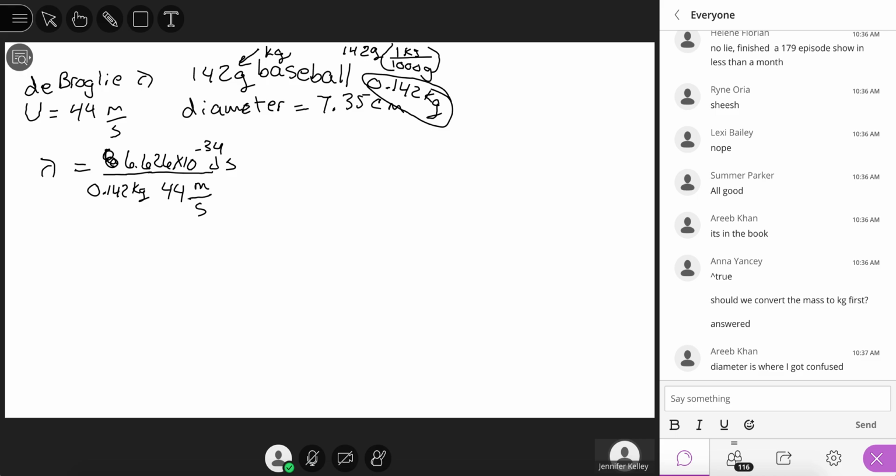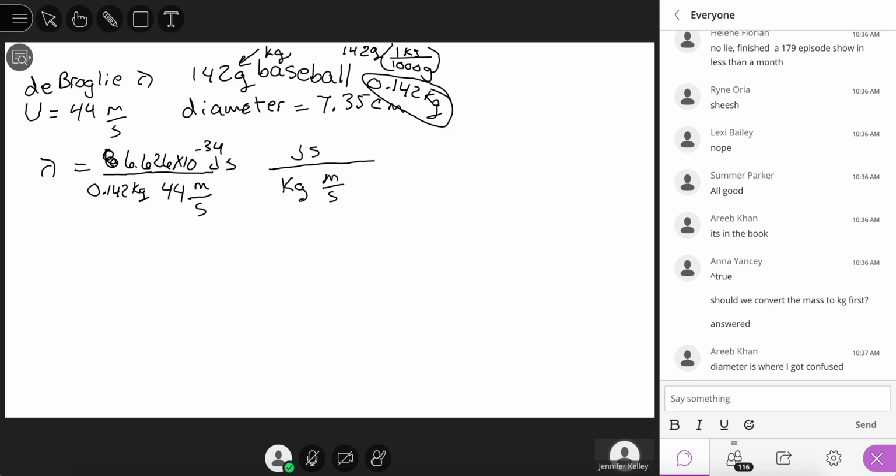Now let's take a look at the units. The units are joule seconds divided by kilograms meters per second. Obviously hardly anything will cancel out as long as you have the joules in there.